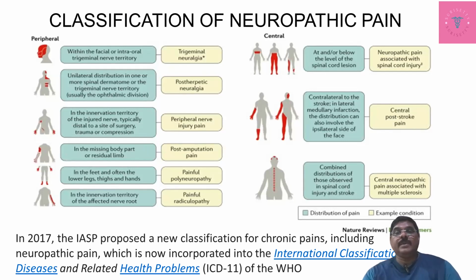Central neuropathic pain means the spinal cord and brain are affected. Spinal cord injury is the most common cause, and also stroke, central post-stroke pain, and demyelinating disorders like multiple sclerosis. So broadly, neuropathic pain is divided into central and peripheral according to the site and symptoms.